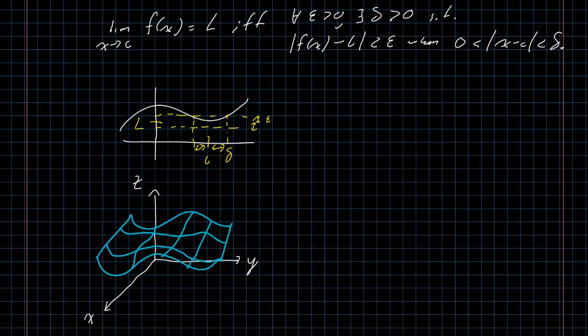All right, so if we've got a surface that's going on and doing its thing, we don't really have just a single letter to use here for c, we need two variables. I'm going to go ahead and call it x naught, y naught.